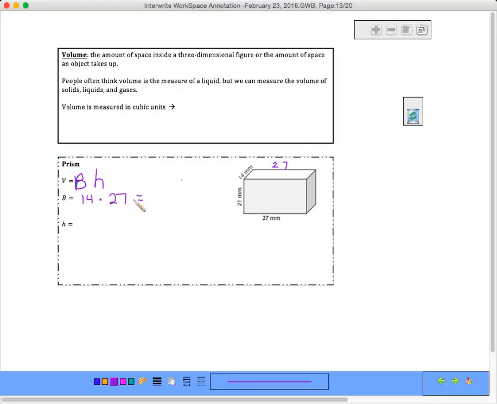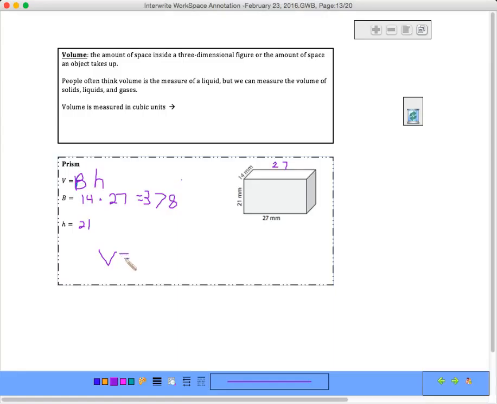Oh, but my pen keeps dying. Okay, and then the height is the number we haven't used yet. Here's my height right here. So my height is 21. So I'm ready to write my overall volume.